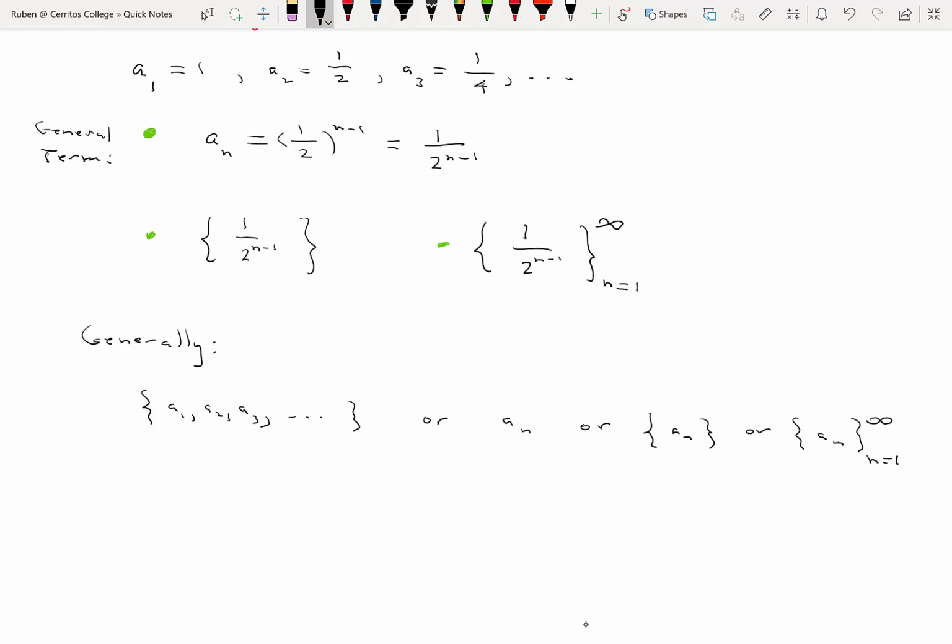Okay, so how do we visualize sequences? That's an important aspect of chapter 11, and it's another point that makes chapter 11 the roughest stuff in the course. We actually have to start seeing numbers, visualizing numbers. And I don't mean, for example, visualizing 1/2 by looking at the fraction 1/2.